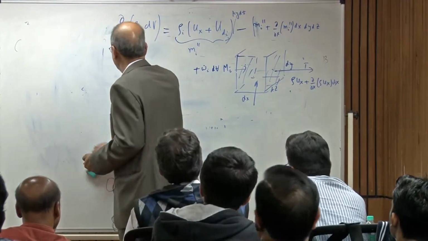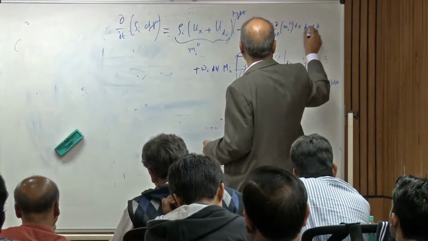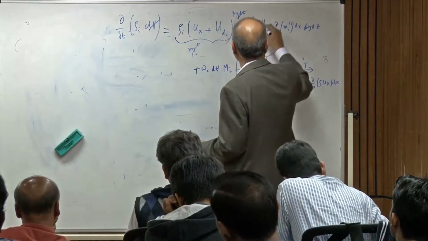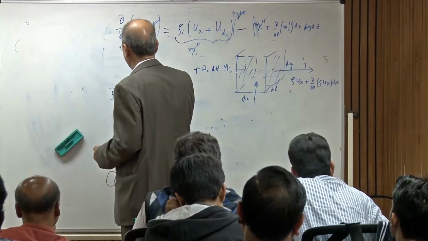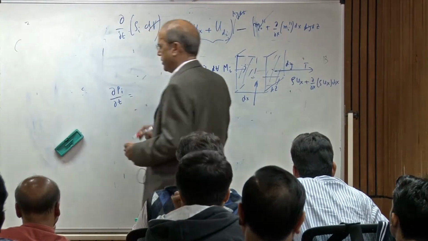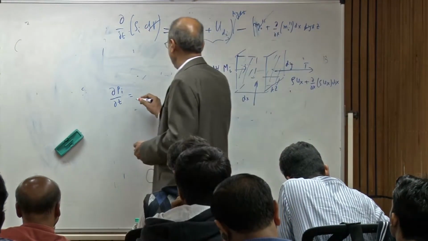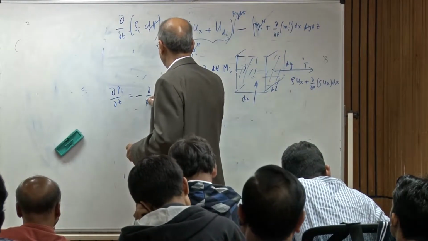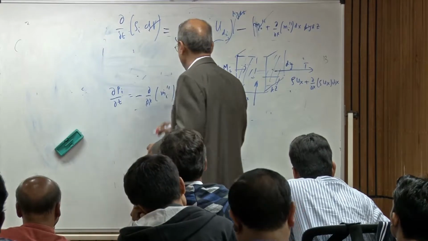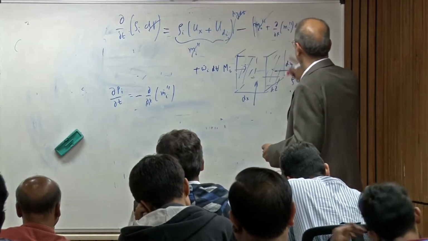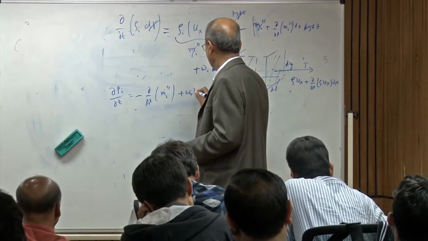So dV again will cancel everywhere. This term will cancel with this term here. So you get d rho_i/dt, the rate of change of species mass, equals minus d/dx of m_i dot double prime, plus omega_i m_i.